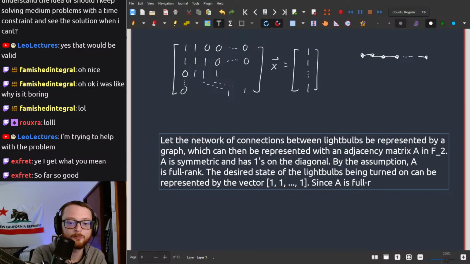Since A is full rank, this vector must be in the column space. So, is this just the answer here?